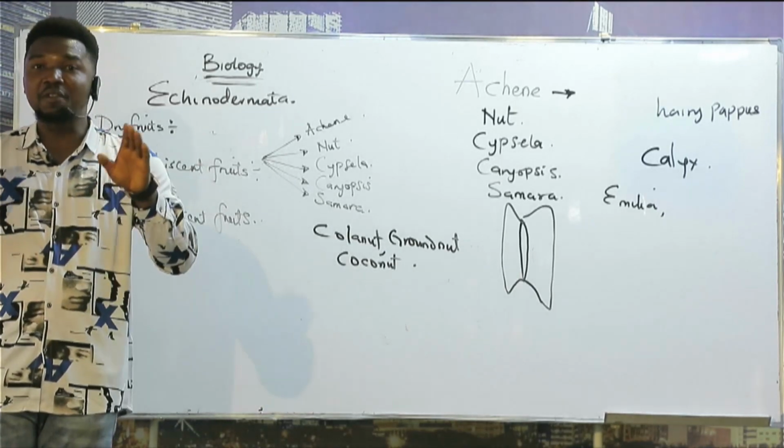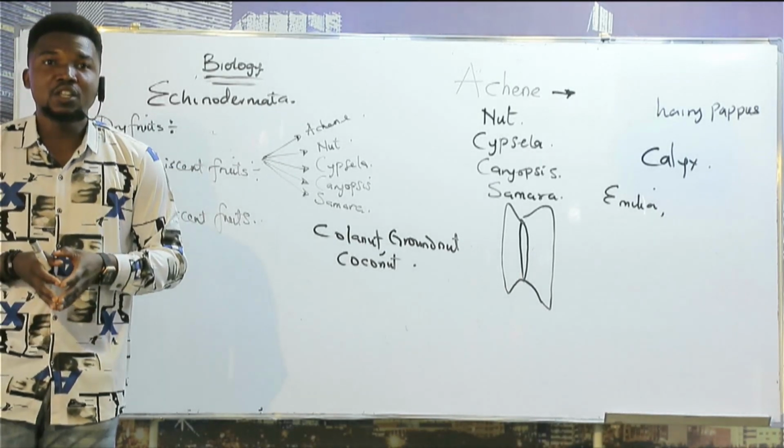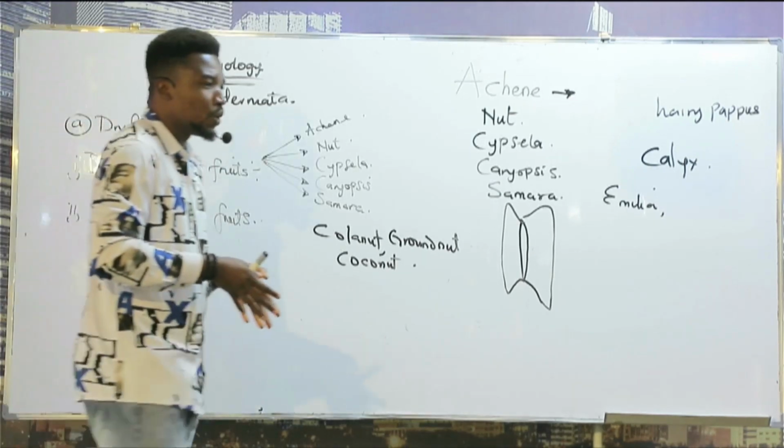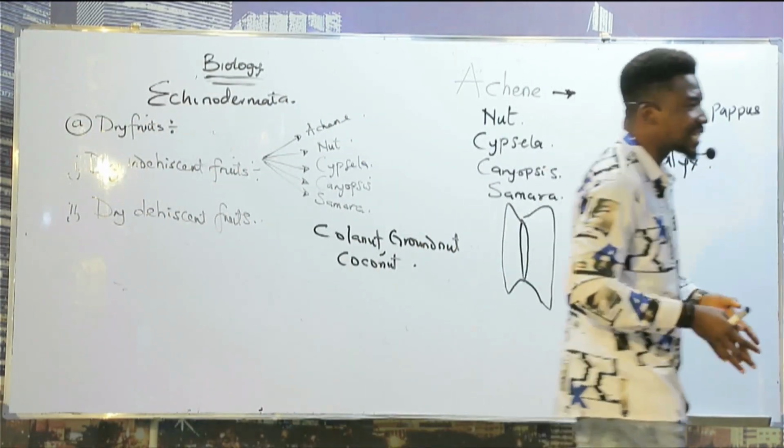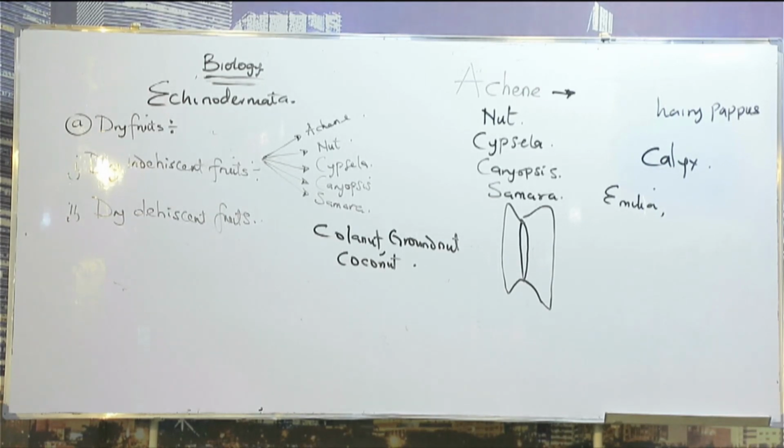At least I have explained everything concerning flowers, all the terms I know that they will possibly ask. In fact, some of them are not even in your textbook. Some of the terms I mentioned in flowers are not in your textbook. But you see JAMB asking it.